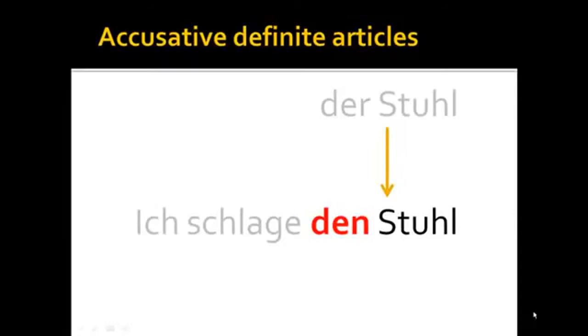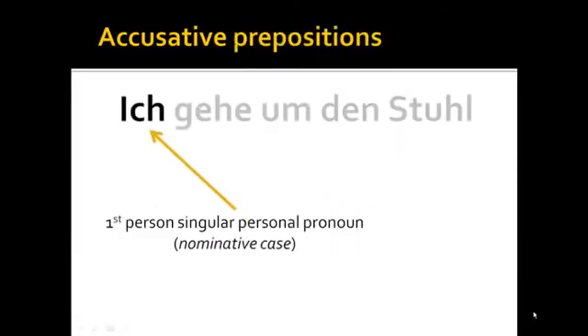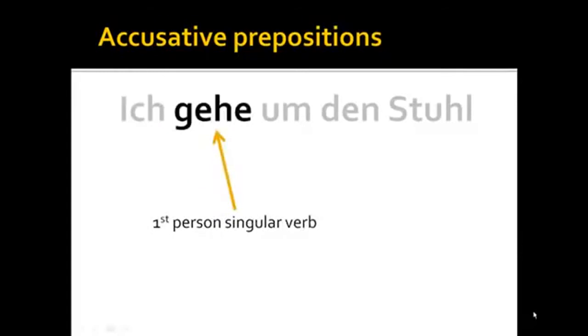That isn't necessarily the case with accusative pronouns. Let's take a look at this sentence here. Ich gehe den Stuhl. I'm going around the chair. We have a first person singular personal pronoun in the nominative. It's the subject of the sentence, ich. Now, this ich is doing something, he's acting, and that is essentially ich gehe, I'm going, I'm walking, I'm ambulating.